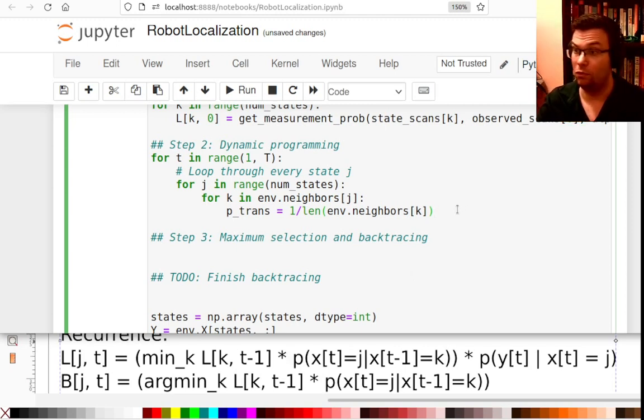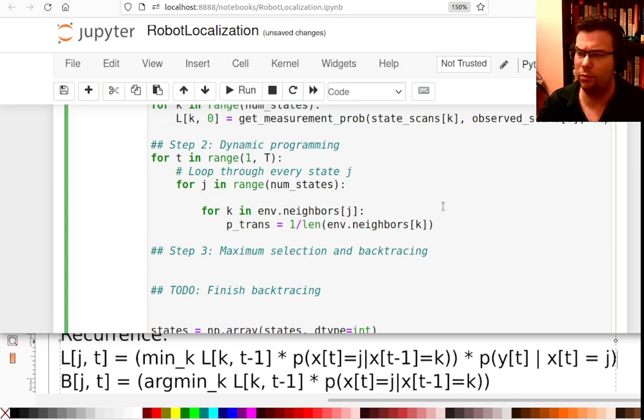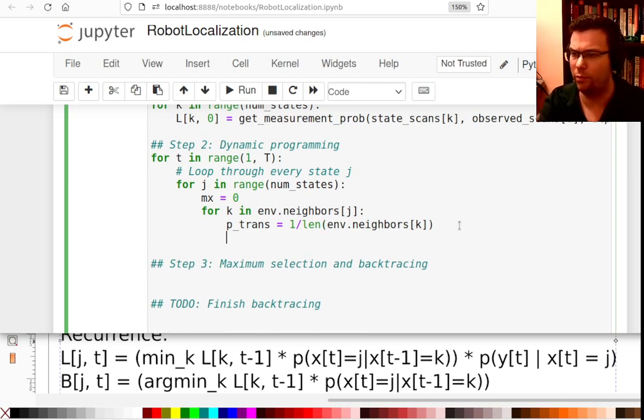So I'm trying to maximize the probability. So maybe I'll say the max is equal to 0 until proven otherwise. The probability here is going to be the probability of transitioning from K, times the best I could have done at state K at time t minus 1. So it'll be that times the probability of transitioning.